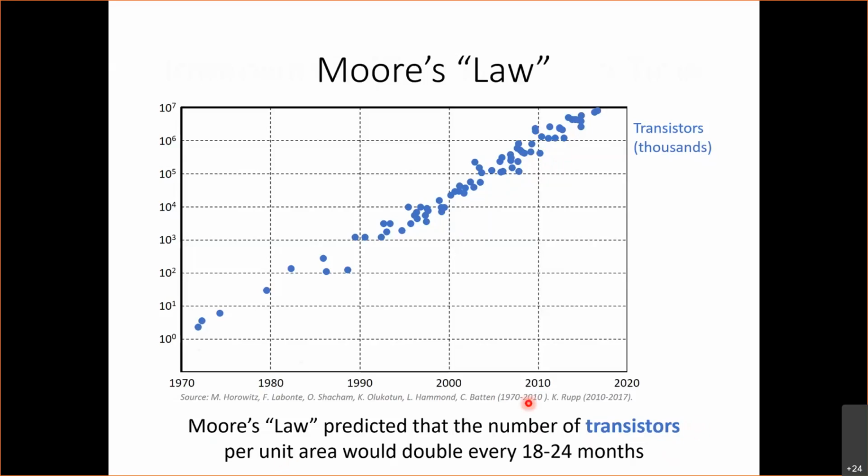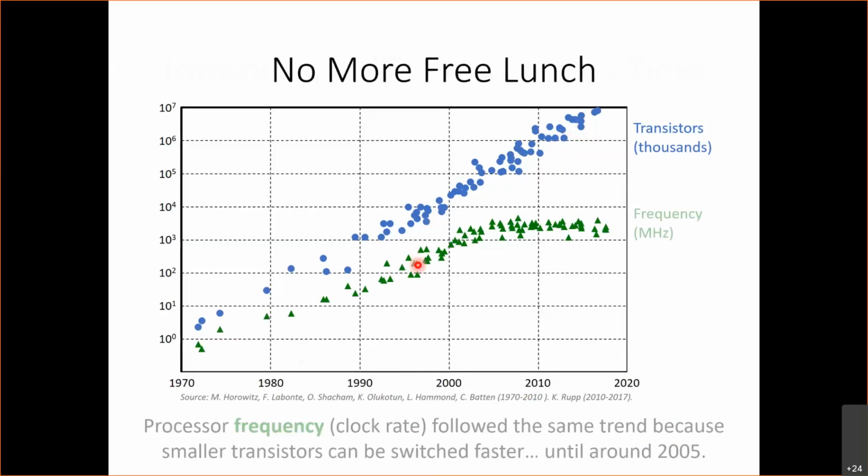That's why this improvement in the size of the transistors and how many transistors we have per unit area was coupled with an improvement in frequency. So the frequency followed the same trend because smaller transistors can be switched faster.